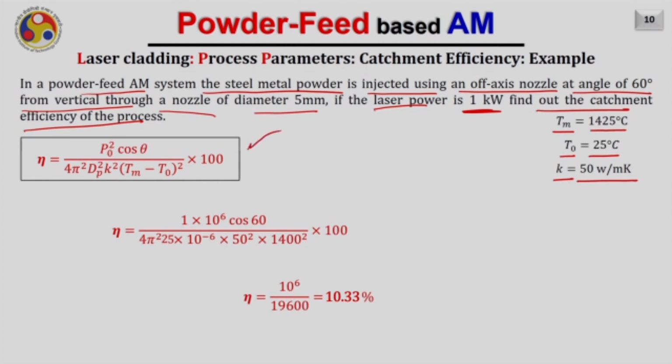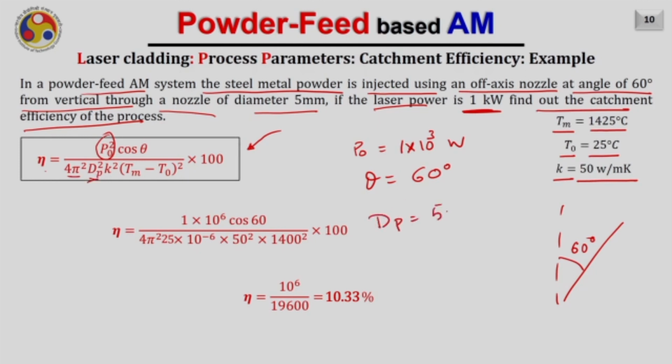We know the formula for the catchment efficiency for a side feeding nozzle. It says the catchment efficiency equals P naught square, and P naught is given as 1 into 10 to the power 3 watt, times cos theta, where theta is 60 degrees, the angle between the powder feed nozzle and the vertical axis, times pi by 4, divided by 4 pi square dp, where the nozzle diameter is given as 5 mm, so I can write it as 5 into 10 to the power minus 3 meter, into K, which is given here as 50 watt per meter Kelvin, into (Tm minus T naught) whole square.